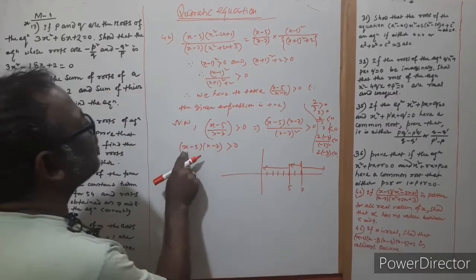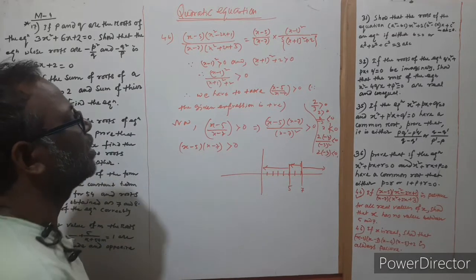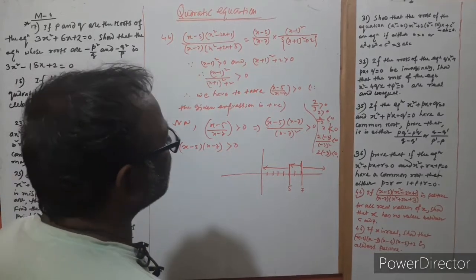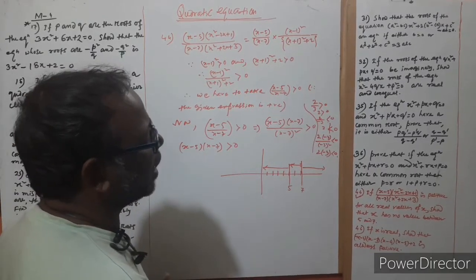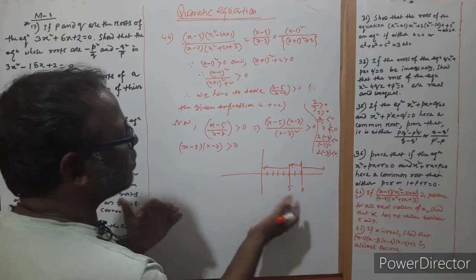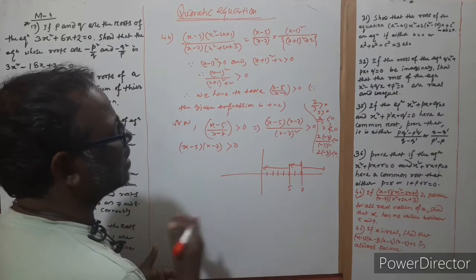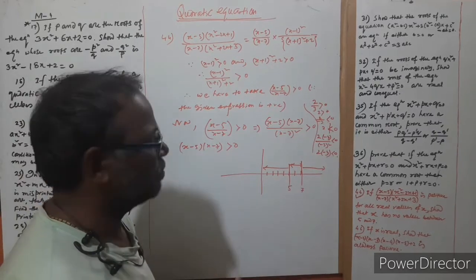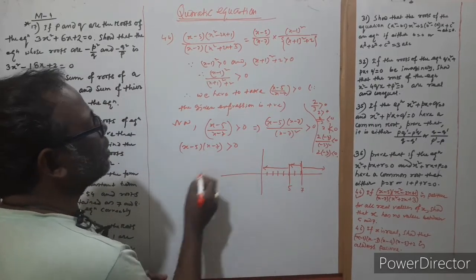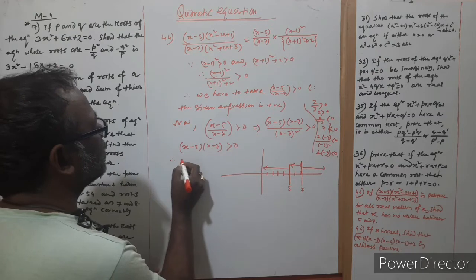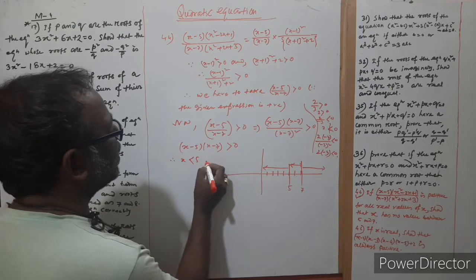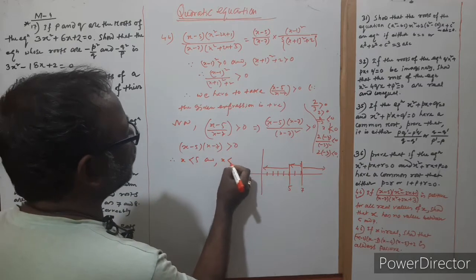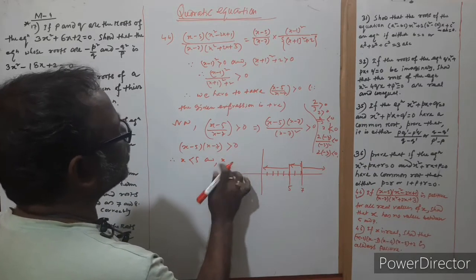So at 5 point something, one factor is positive but the other is negative, so it does not satisfy more than 0. So we don't take the interval of 5 to 7 here. If we take less than 5, that is 4.9, it is negative and also negative, therefore the product is positive, so it is satisfied. Therefore we can write here x is less than 5 and x is more than 7.